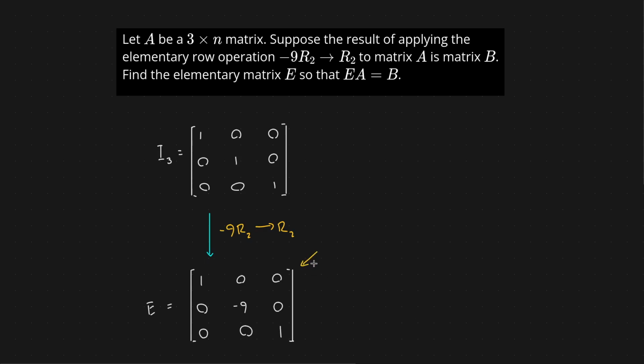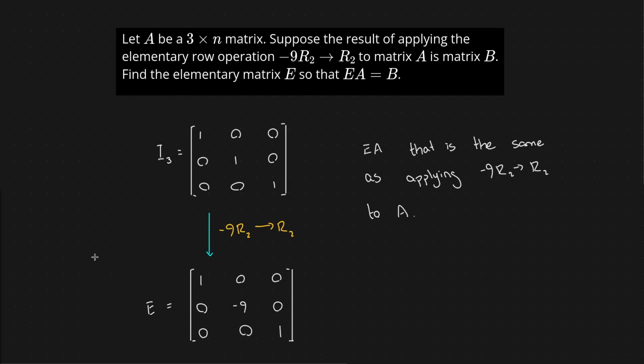Now, what this elementary matrix does is, if I multiply any matrix A with 3 rows and any number of columns, if I take E times A, that is the same as applying the elementary row operation, negative 9R2 to R2, to matrix A. It does the same thing.